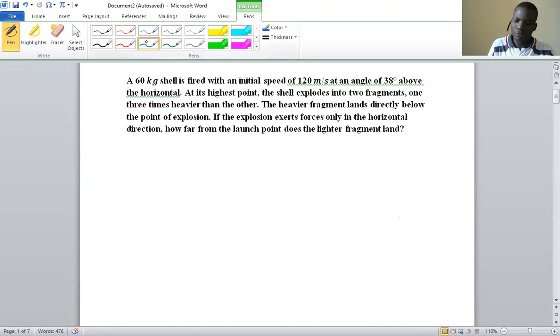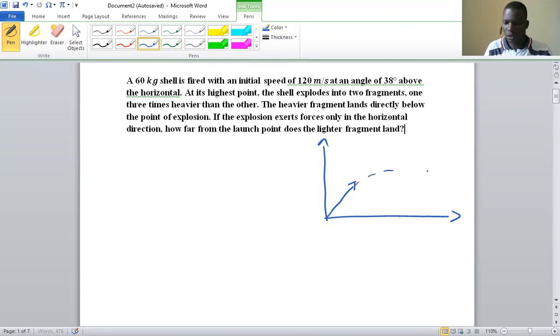So we can illustrate this situation like this. My drawings are not going to be perfect, bear with me, but I want you to get the concept.